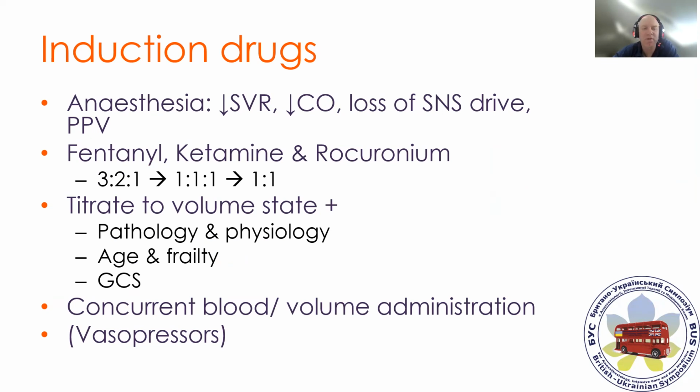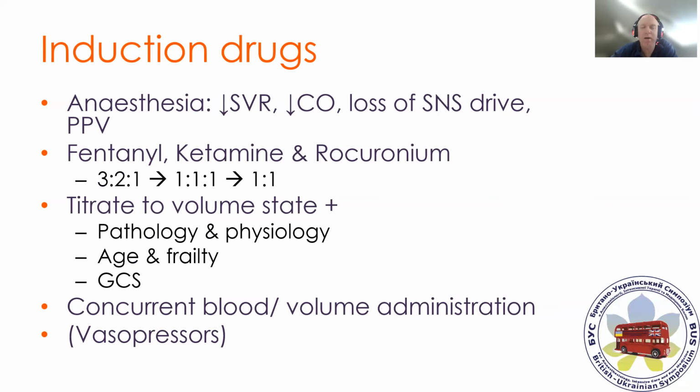It depends on the patient's injury, their physiology as a result of that injury, their age and frailty, and their pre-operative GCS, such that it might be wise in certain patient groups to significantly reduce and perhaps just give small doses of ketamine and rocuronium. I teach people to titrate it to effect, just to loss of voice, response to a verbal stimulus, because you can always give more.